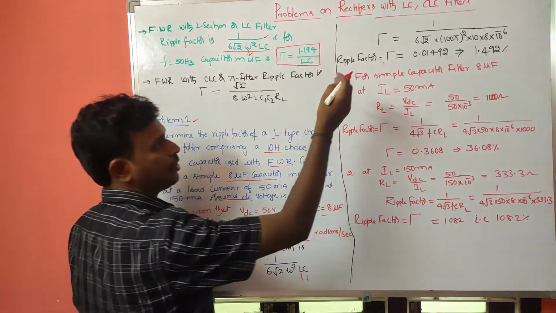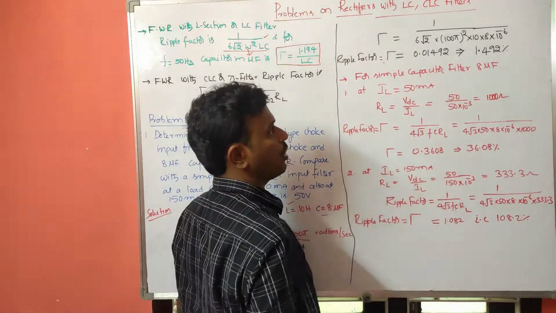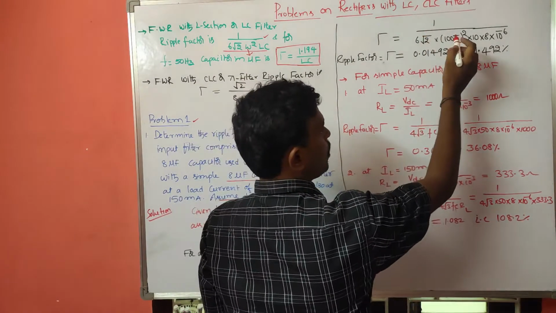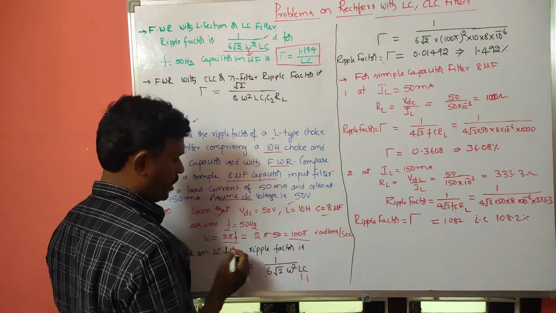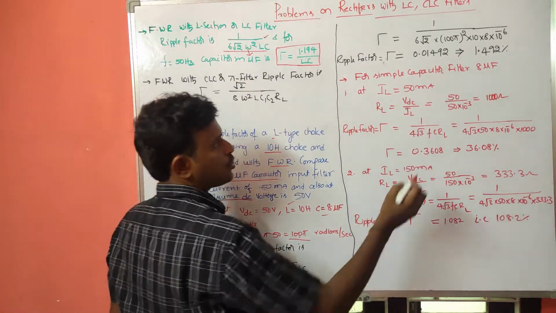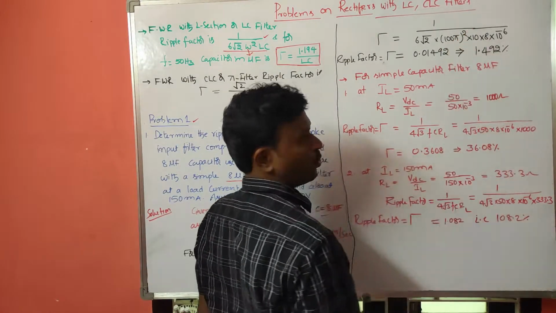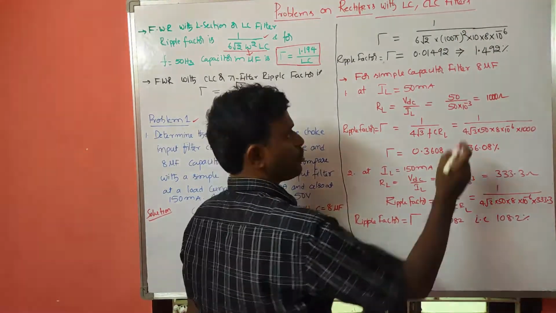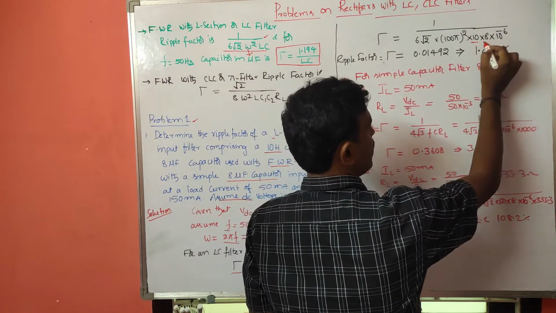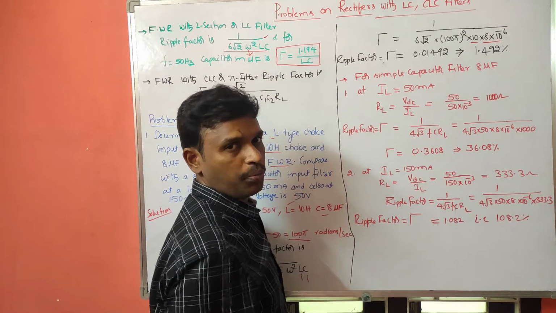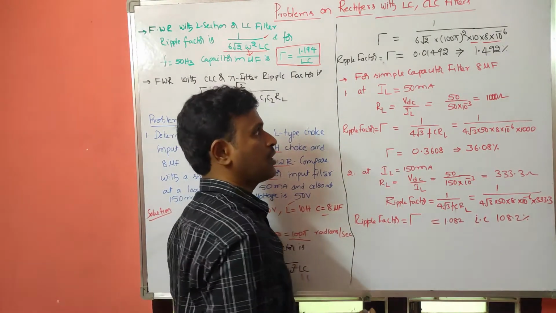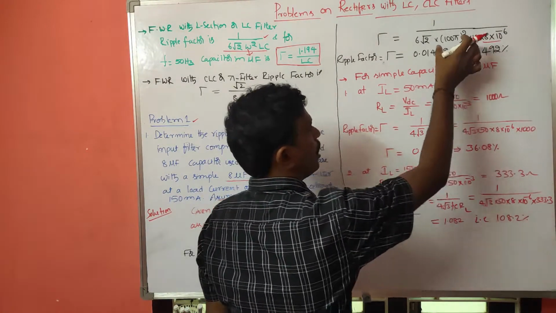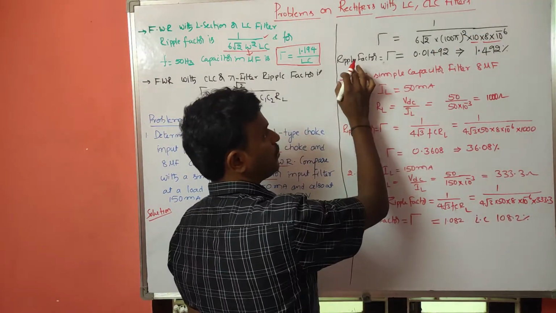That's what I am doing here. The ripple factor is equal to 1 by 6 root 2, and here we got omega is equal to 100 pi. So omega square is 100 pi whole square, L into C. So L value is 10 Henry and C value is 8 microfarad. Micro means it is 10 power minus 6. So if I substitute these two, I will get the ripple factor value.